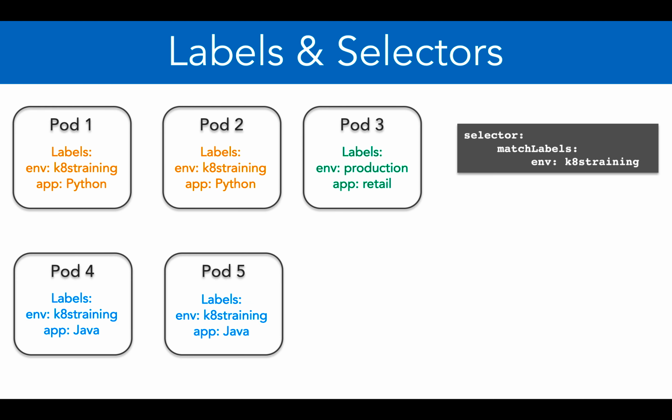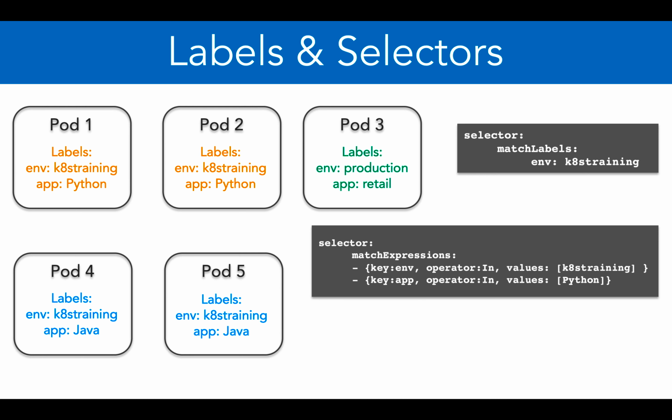Let's say another example. Let's say this is the selector and this time I'm using match expressions. The key is env, operator is in, values is k8s training. So I'm saying that match these two expressions. The first one is key should be env and its value should be in k8s training, which would select all the 4 pods because the key of all the 4 pods is env and all of them have the value k8s training.